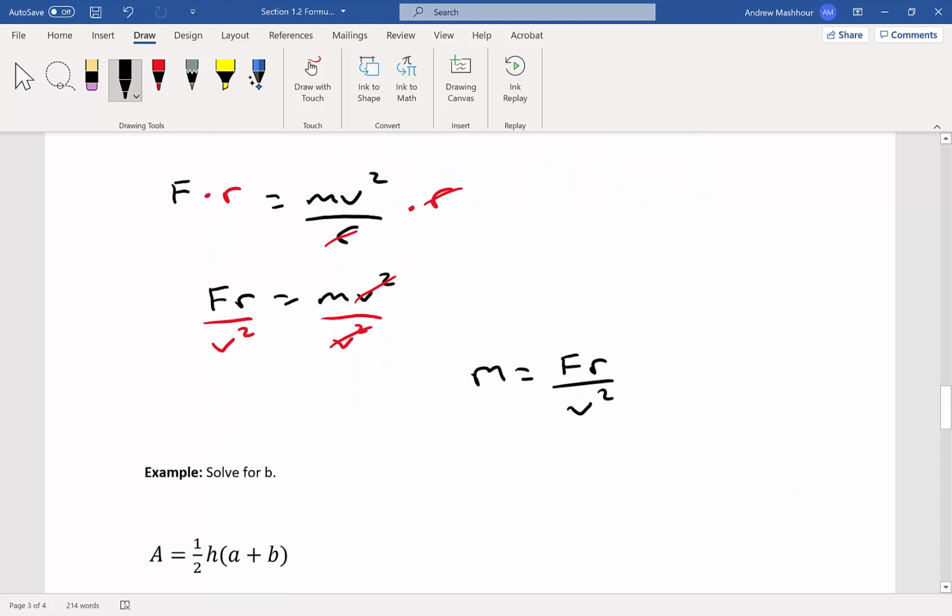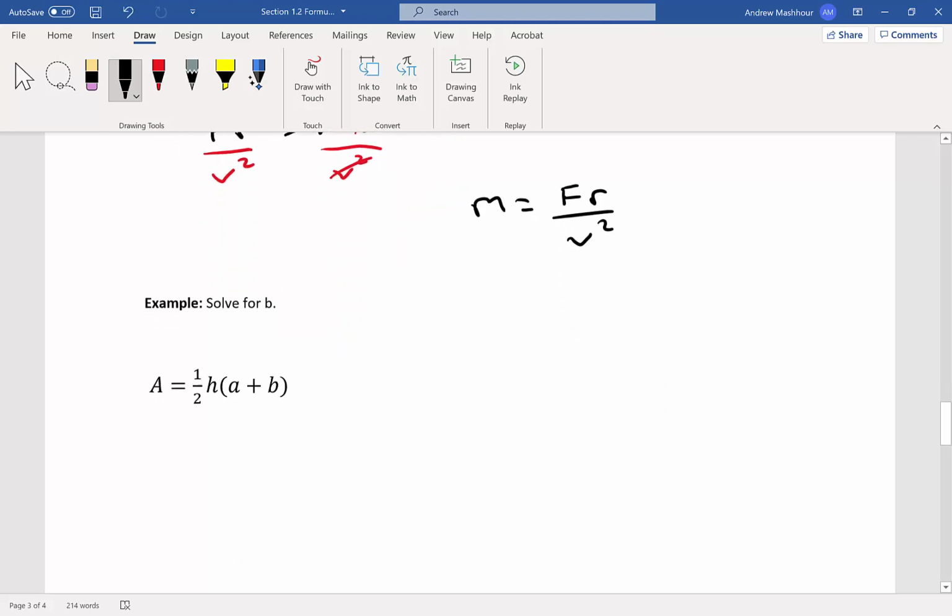Now let's take a look at one a little bit more complicated. In this problem, we want to solve for b. We have A is equal to 1/2 h times (a plus b).